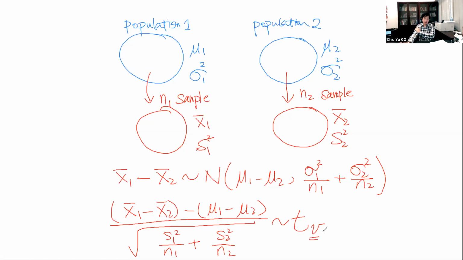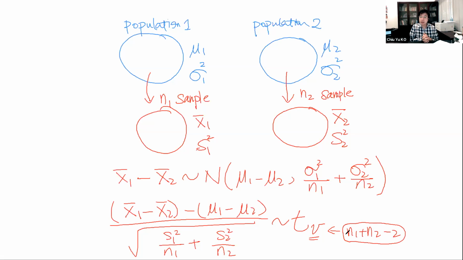I'm not going to write it here, and it is one of the most difficult things. But looking at the formula, it's not complicated except this one object, which is not too far away from n1 plus n2 minus 2. It sometimes is different, but it should not be too much different. That's how we do the inference and estimation. Is that okay? This is what we covered last class.